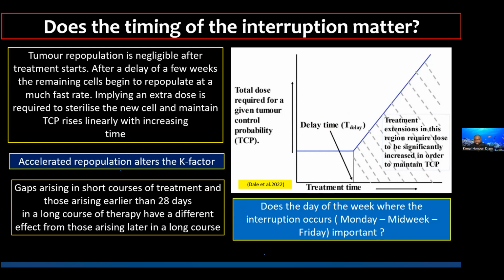Head and neck squamous cell carcinomas, cancers of the cervix, non-small cell lung cancer, small cell lung cancers, cancer of the esophagus, medulloblastomas, as well as primitive neuroectodermal tumors, as well as anal squamous cell carcinomas, tend to have K values of approximately 28 days. And so we really have to think about this carefully.